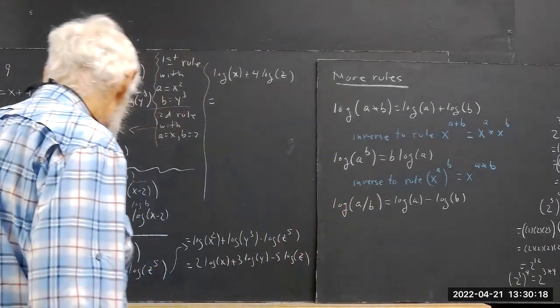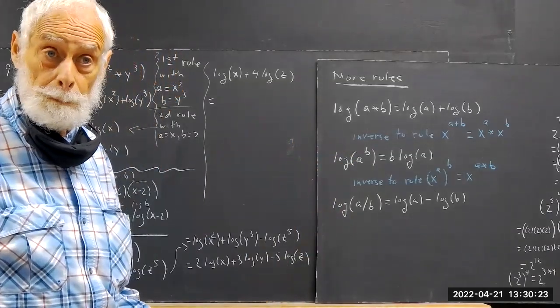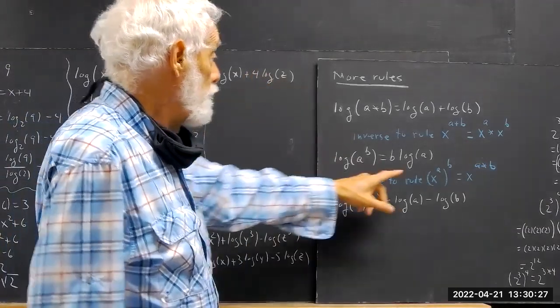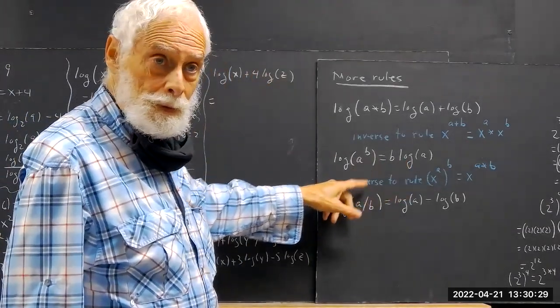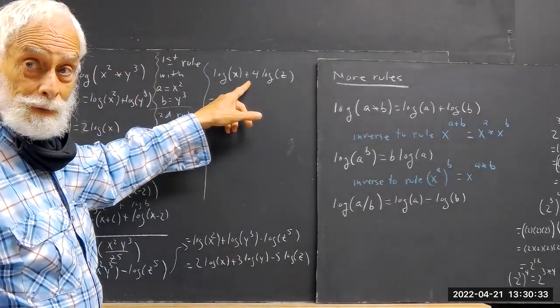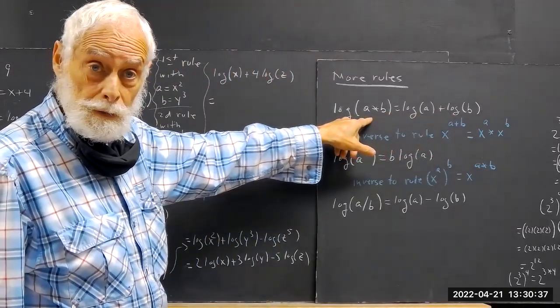So that's perfectly good because you've got two choices of what rule to apply. Okay, you've got a multiple of log z, and you can apply this rule. Another way to see it is you've got a sum of logs. Well, if you've got a sum of logs, it's going to be the log of the product, right?